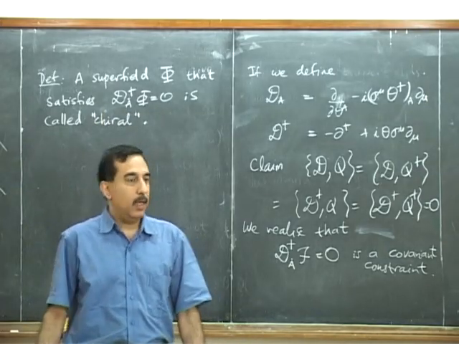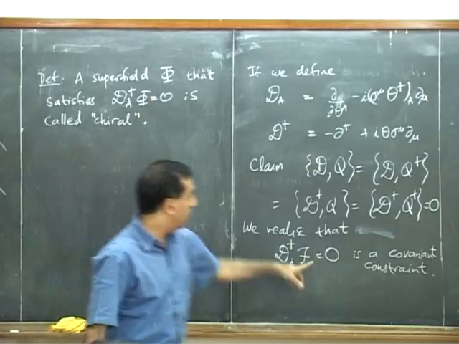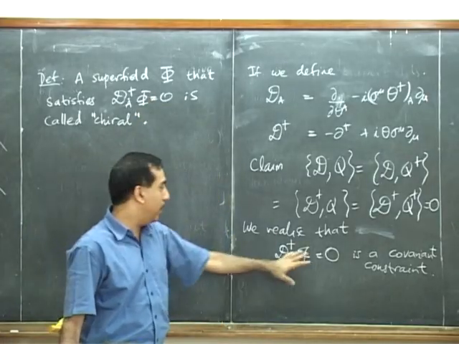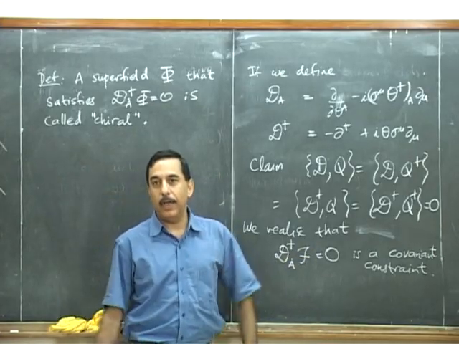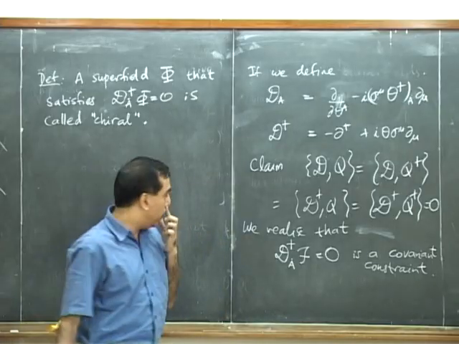I've given the name Phi to it, earlier it was F. F will be rarely used and it represents the most general unconstrained superfield. Phi represents a very naturally constrained superfield.